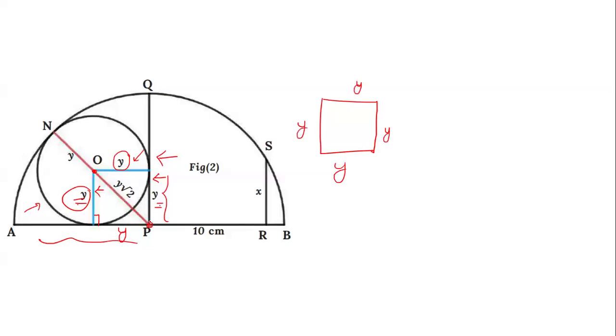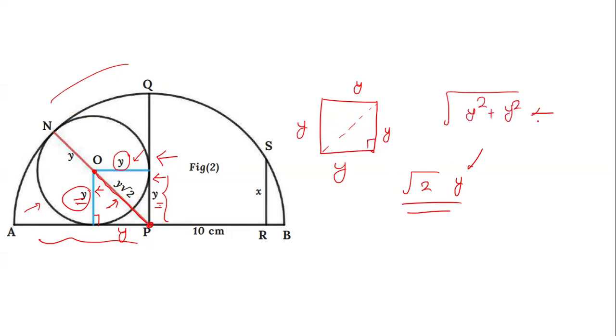P is the center of this bigger semicircle and O is the center of this inner circle. What is this diagonal distance? This is the diagonal of this square, which is simply root 2 times y, from the Pythagoras theorem, as this angle is 90 degrees. The hypotenuse is root 2 times y. If you add y, from the center to any point on the circle, this distance is equal to the radius.